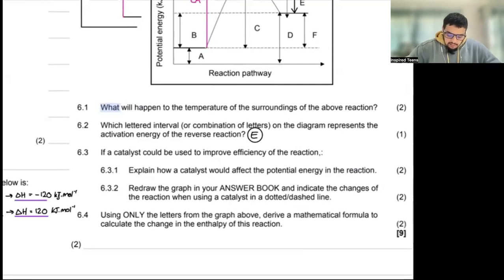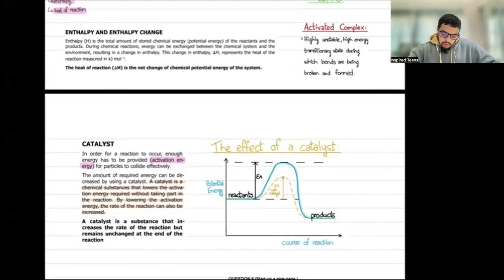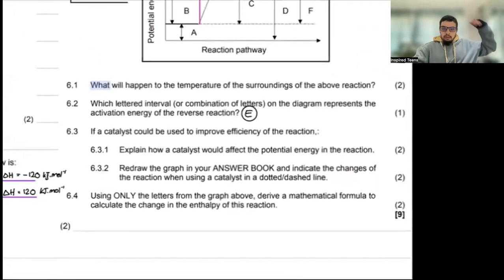How would it affect the potential energy? It would lower the activation energy by providing an alternative pathway. That's the official definition of a catalyst.